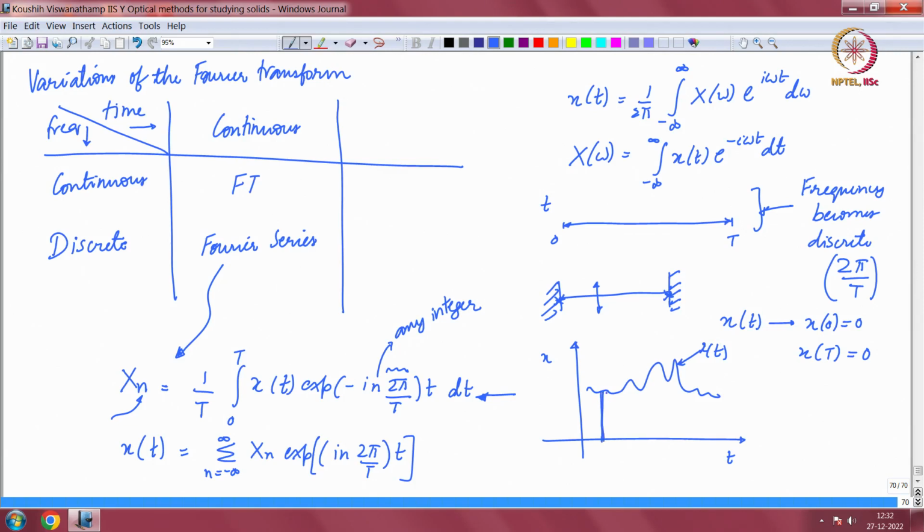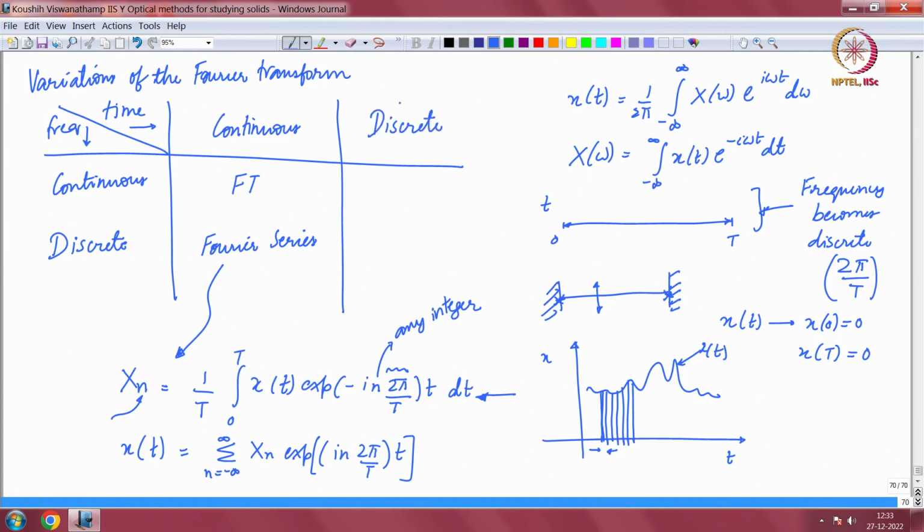Whatever device you are using for recording is measuring at some intervals, and so you really do not have a completely continuous signal, but you have a discrete set of points that represent this signal. So, now we have to talk also about the situation where time is discrete.